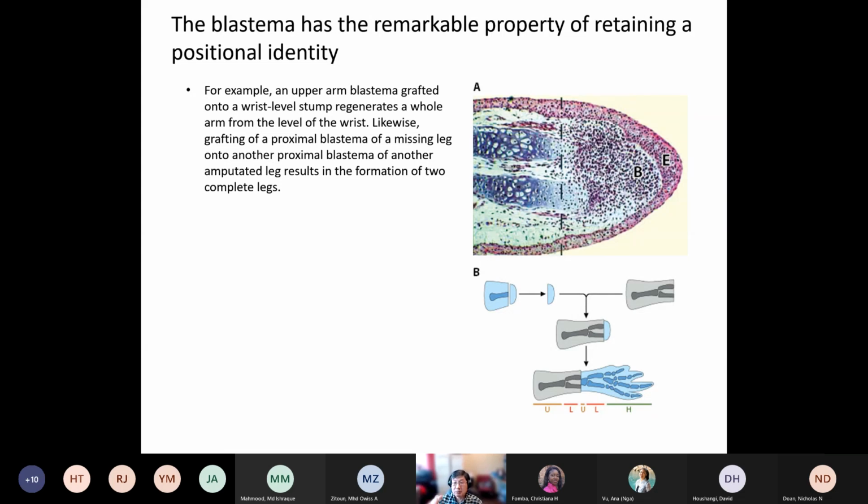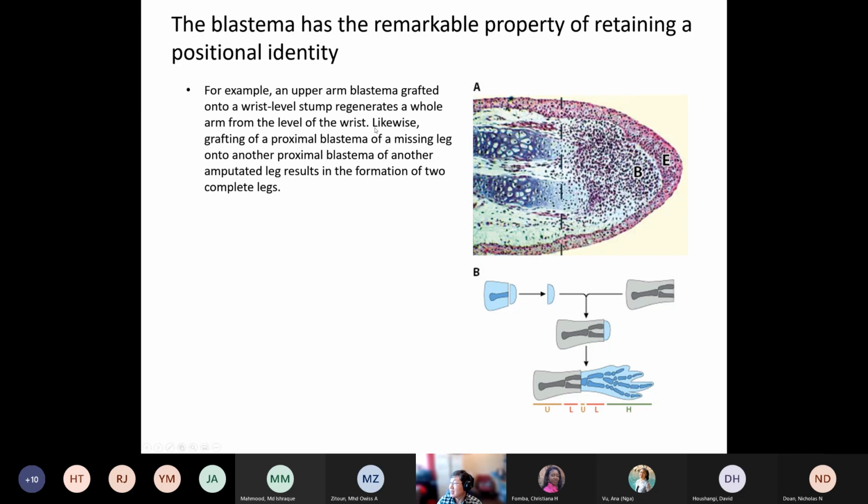The reason is that this blastema was formed because of an upper limb amputation, so this blastema has all the positional information. When they are put on the lower limb amputation, they don't care. They just regrow the full-length limb there.